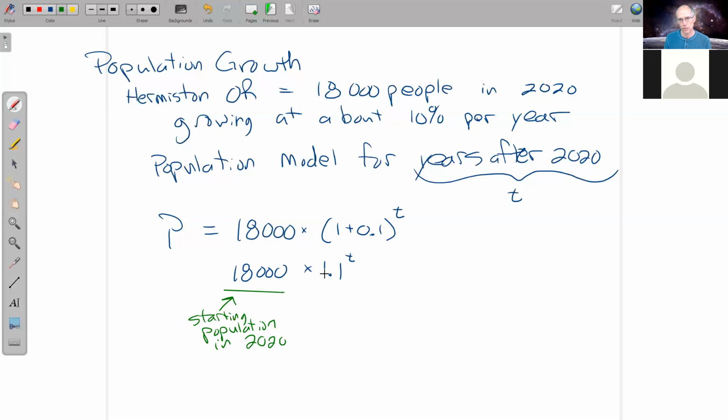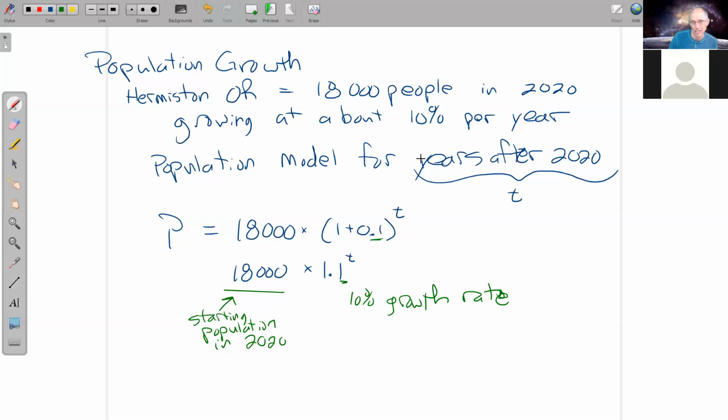The first one is the starting amount, it's like 100% of what you started with. The second one here, that's the 1/10, that 10% growth rate. We added it on there. So just a reminder about how these things fit together to form an equation.